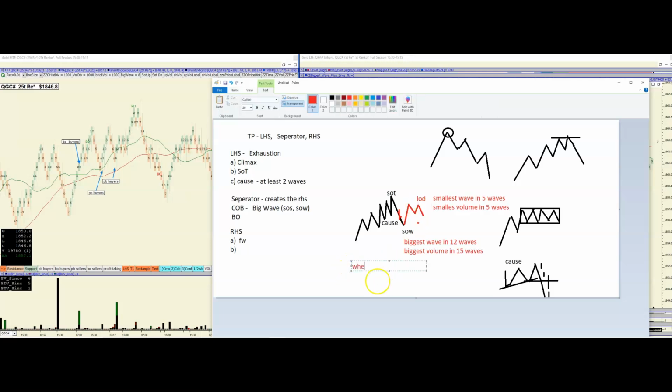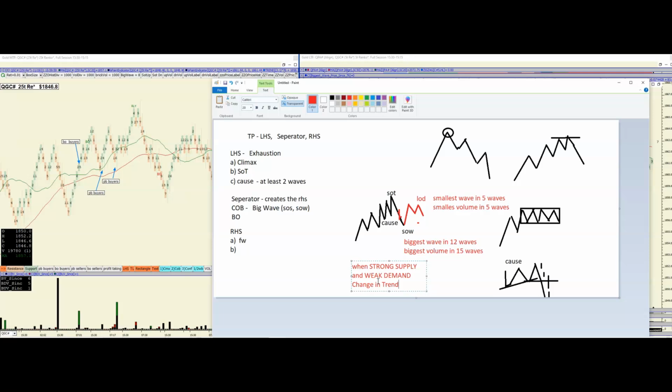So when you have very strong supply and weak demand together, what happens? You get a change in trend. Bingo.